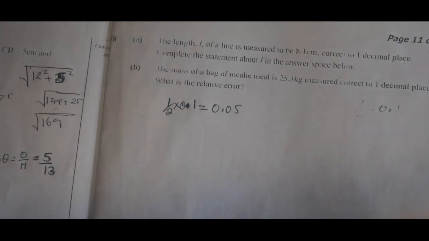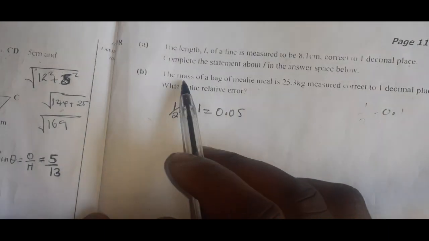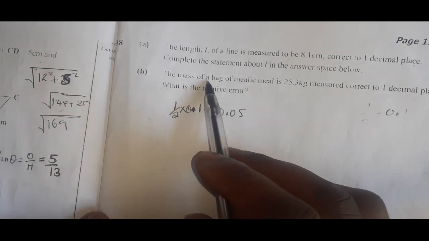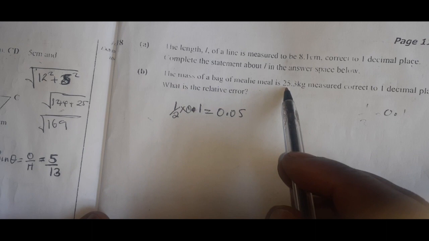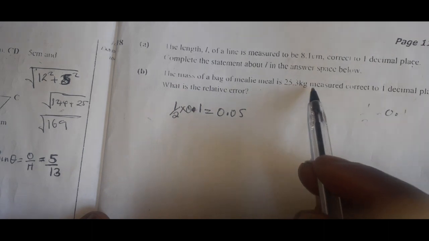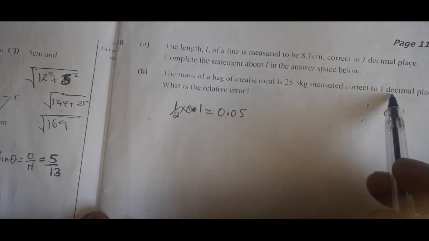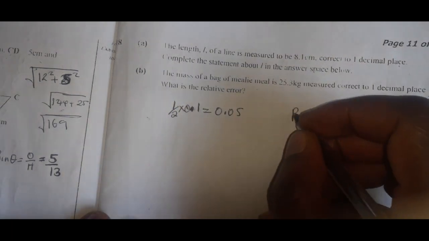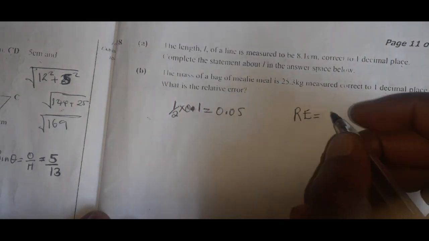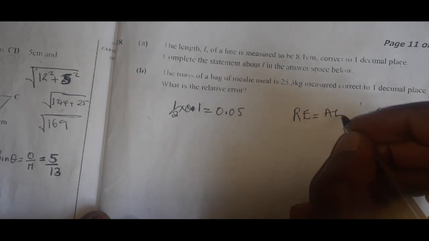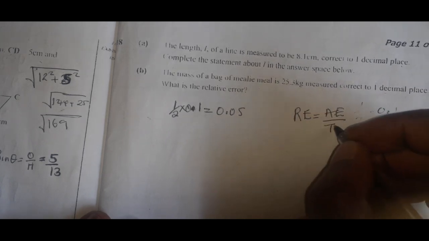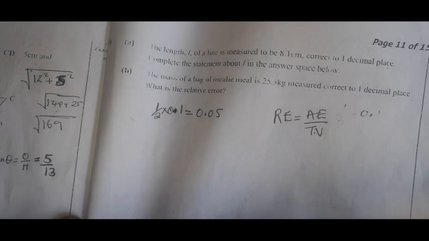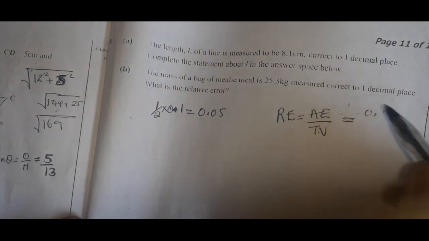The second one: the mass of a bag of meal is 25.3 kg, measured correct to 1 decimal place. What is the relative error? Relative error is equal to absolute error over true value. What is the absolute error here?